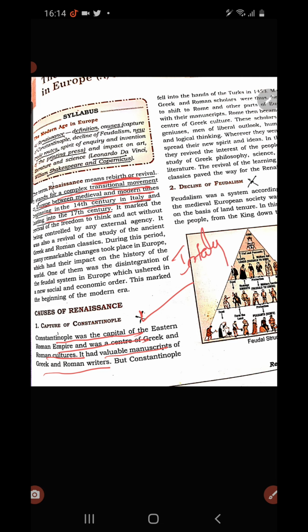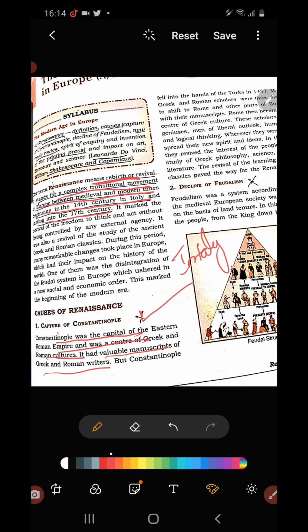After reaching Italy, these scholars settled there. Since they had the Greek and Roman classics with them, they started spreading this knowledge among the people of Italy.